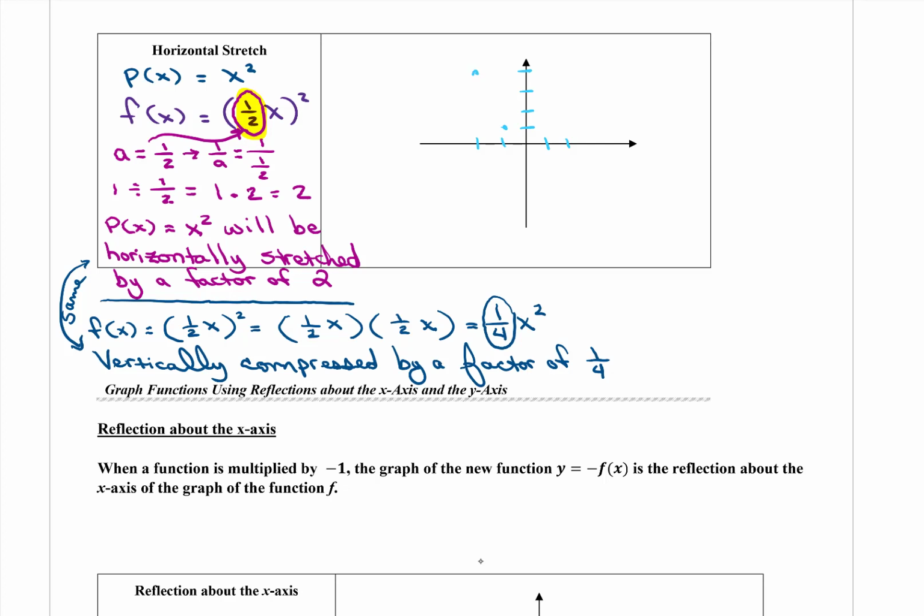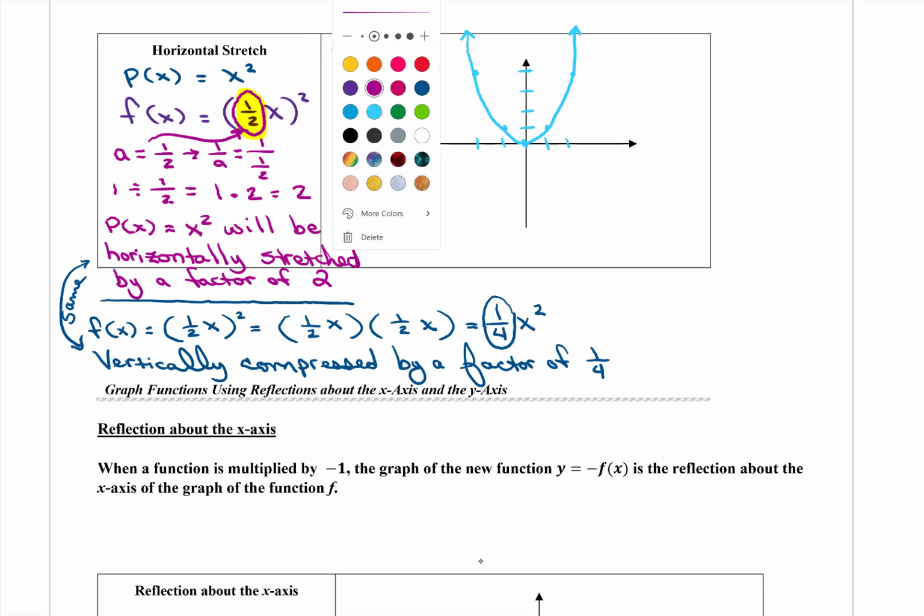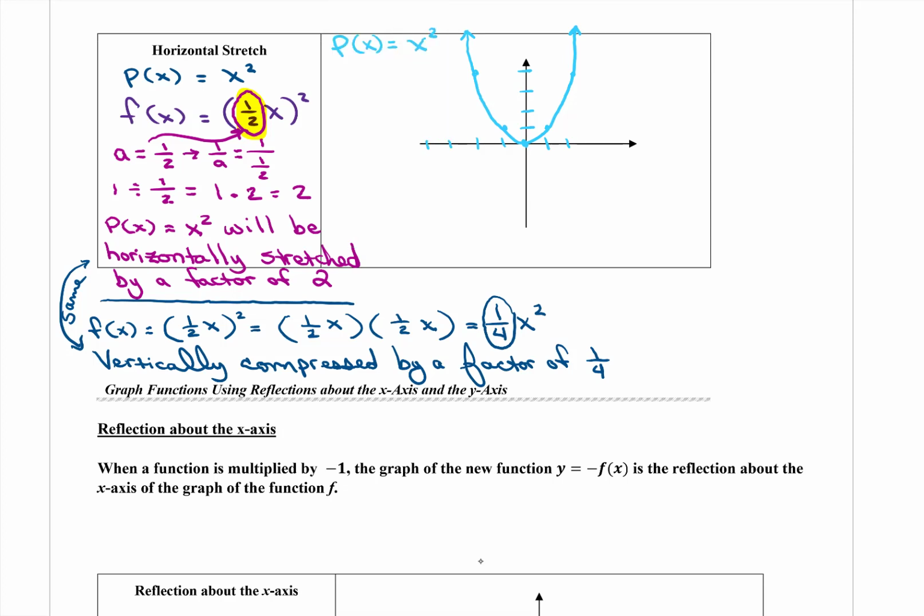One is affecting, once again, the x values, and one is affecting the y values. Let's go ahead and draw our parent graph first so that we can see the comparison between them. There's our parent graph, p of x equal to x squared, in pretty light blue. Now let's use another color to represent our f of x function.